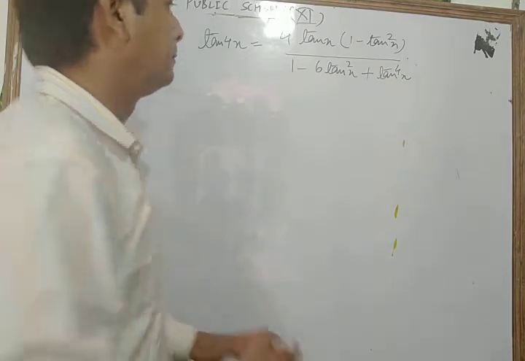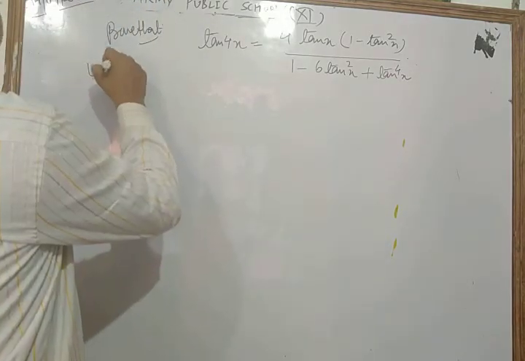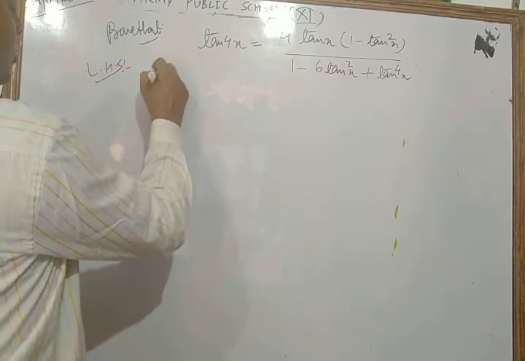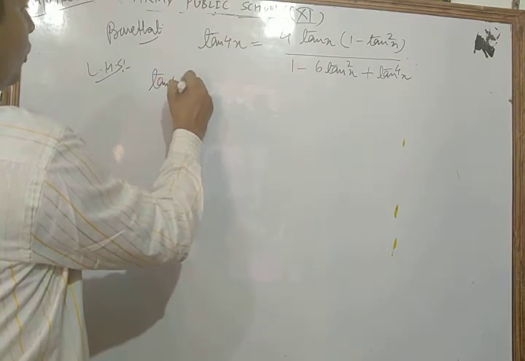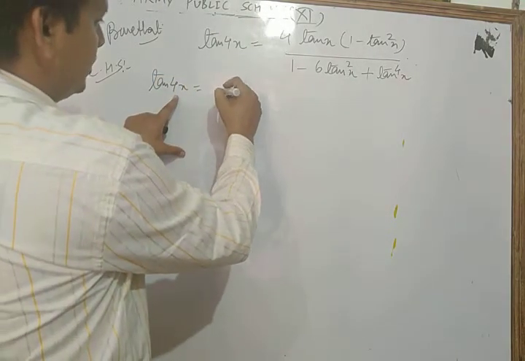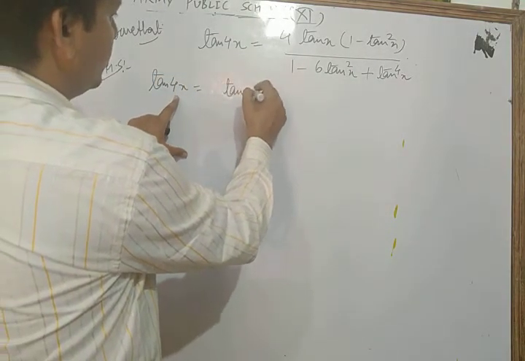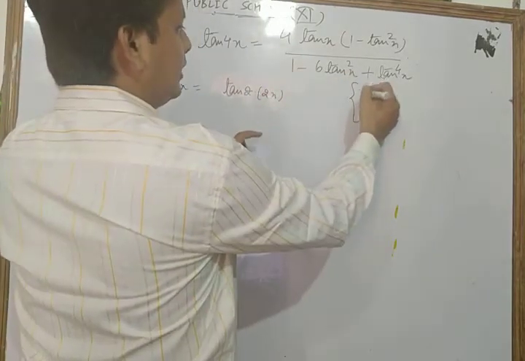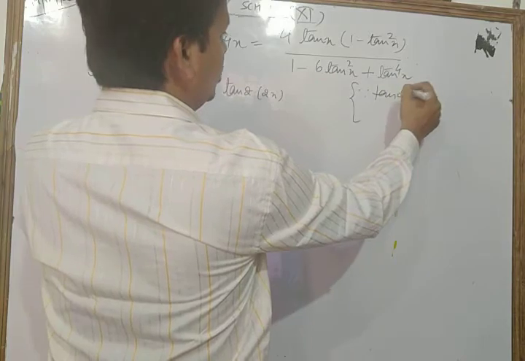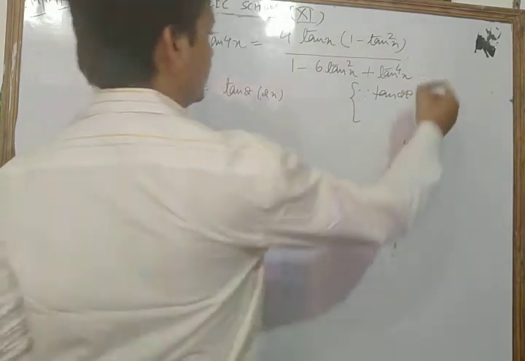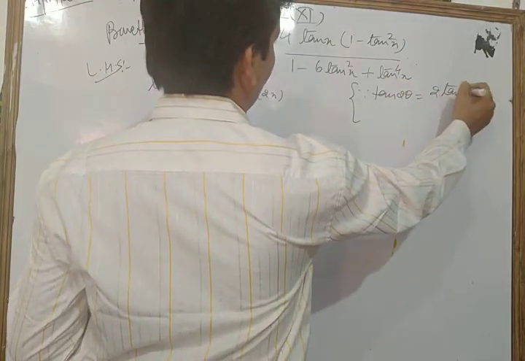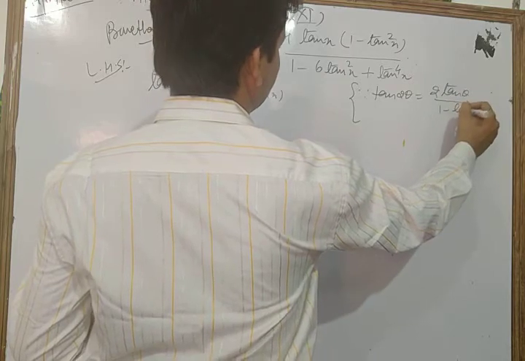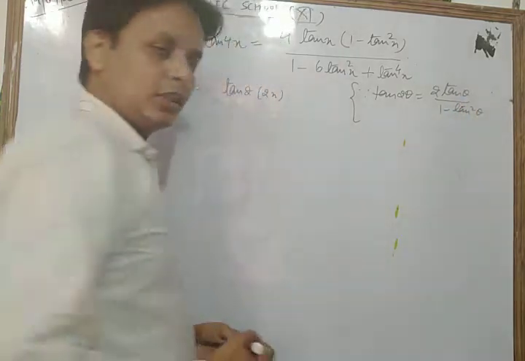Okay, now let's see. First of all, we take LHS as the left hand side, that is tan 4x. We write tan 4x as tan 2 into 2x, and we know that tan 2 theta is equal to 2 tan theta upon 1 minus tan square theta.